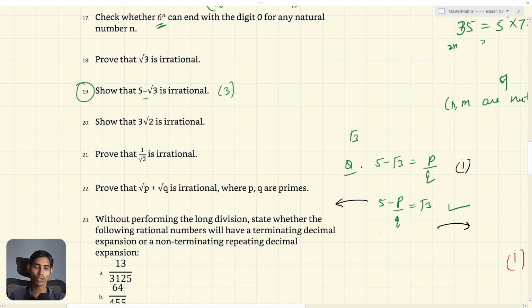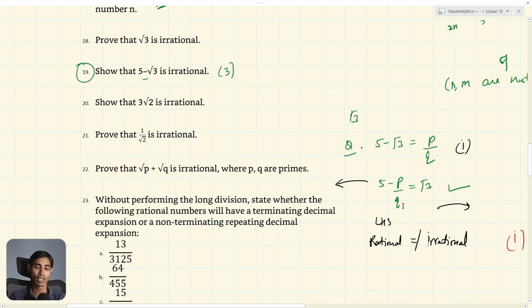On the LHS everything is rational, and on the right side we have irrational, so that is not possible. Therefore, there was some problem with our assumption, so our assumption was wrong. And therefore, 5 minus root 3 is not rational.